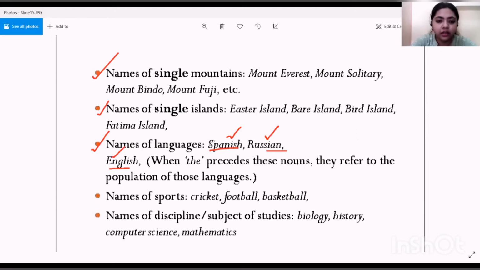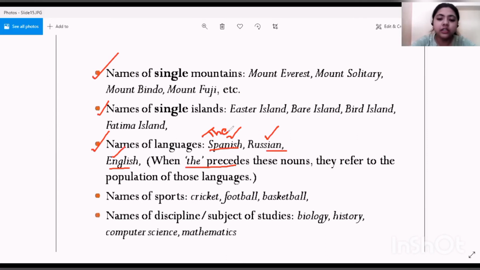Another important point lies in this fact that when we add the before any language, that means we are talking about the people of that nation. For example, when I say Spanish, I'm talking about the language Spanish. But when I say the Spanish, you are talking about the people of Spain.